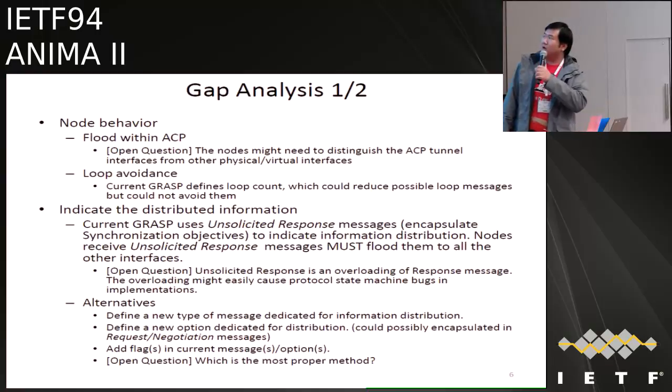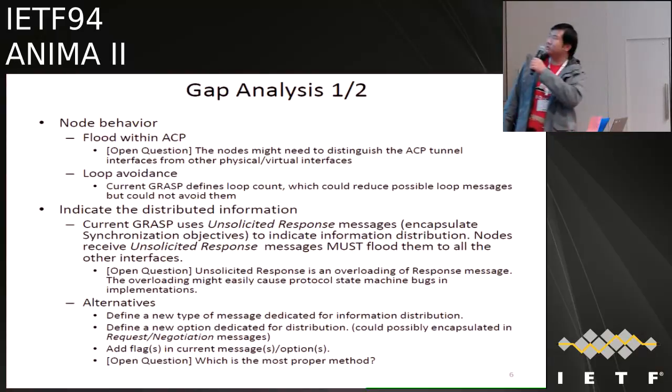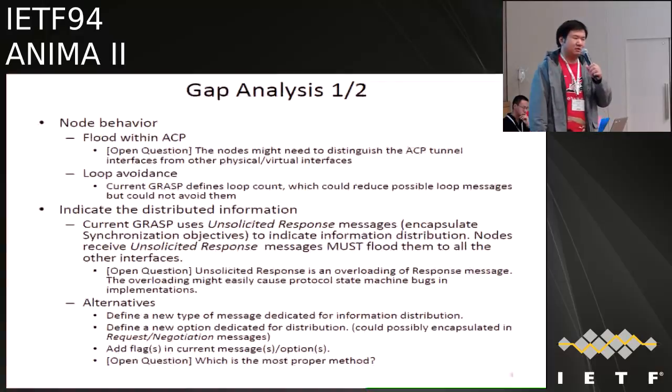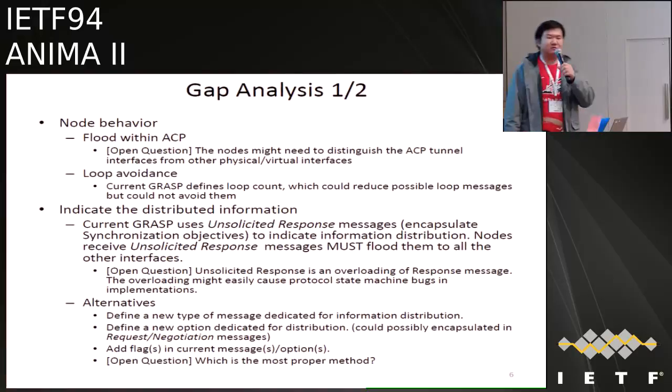In other words, should the autonomic node recognize the ACP interfaces rather than normal interfaces? And for loop avoidance, the current GRASP defines some mechanisms to reduce the loop impact, but there's no comprehensive solution to avoid the loop.